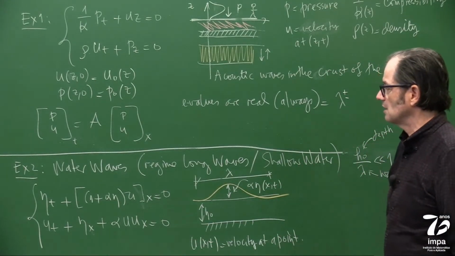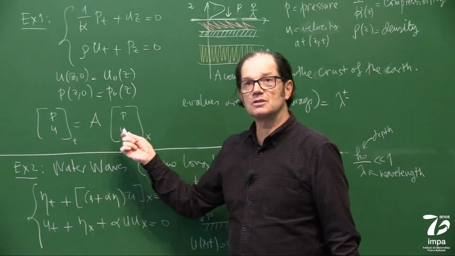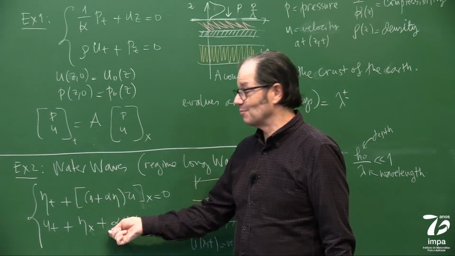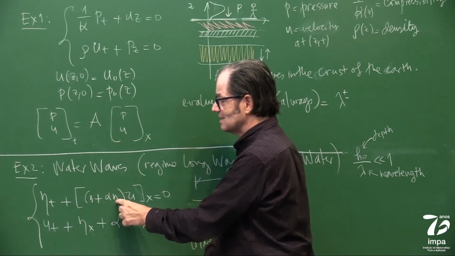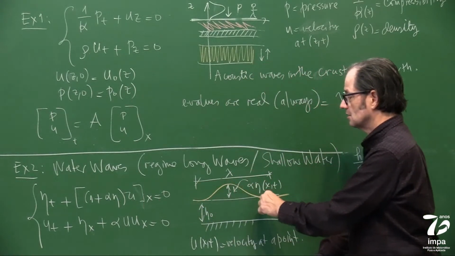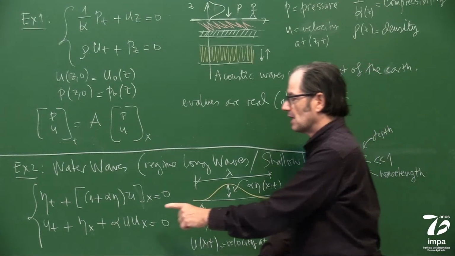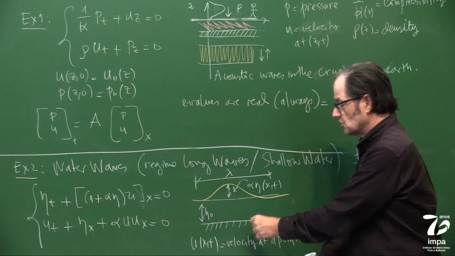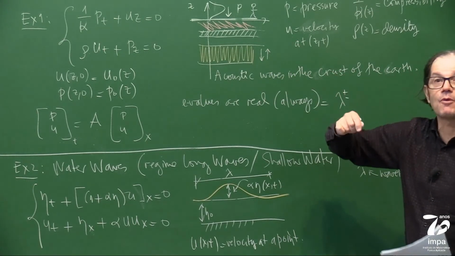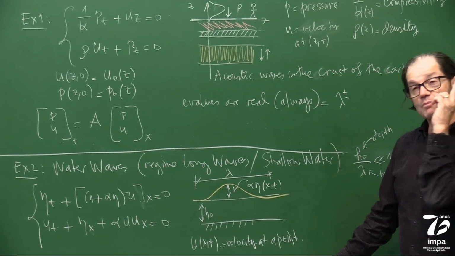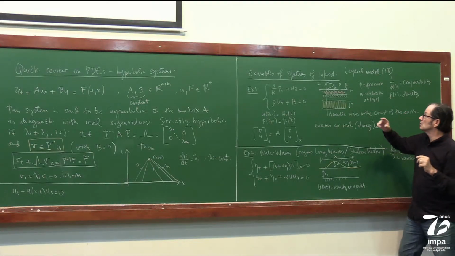And you can easily write it in this fashion, where now the matrix is going to depend on eta, which is the wave elevation from the undisturbed level, and on u, which is the speed of the particles. Pay attention, I almost forgot, there are two speeds here.